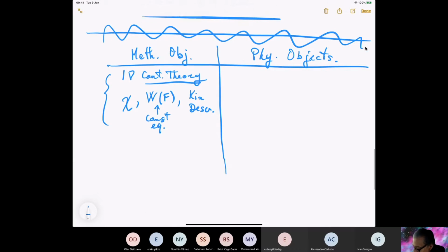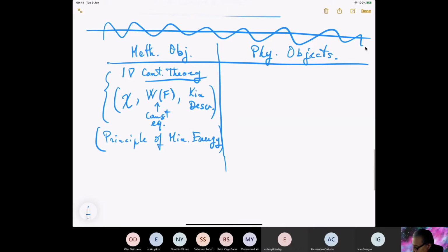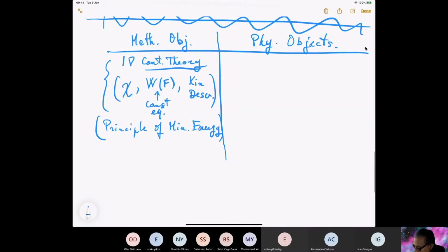Then you have the principle of minimum energy. You apply this principle to the model you are considering. You prove some theorems and you get some conclusions.